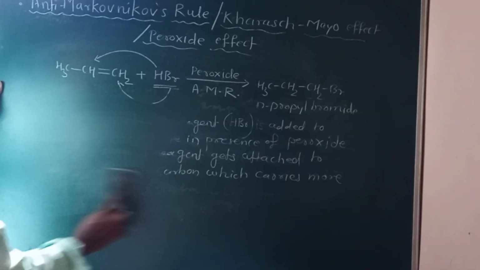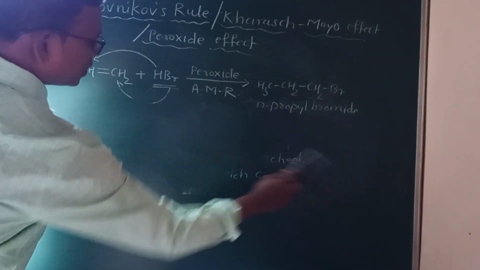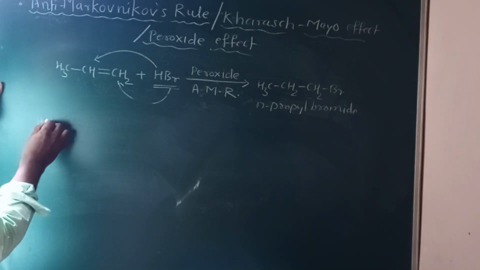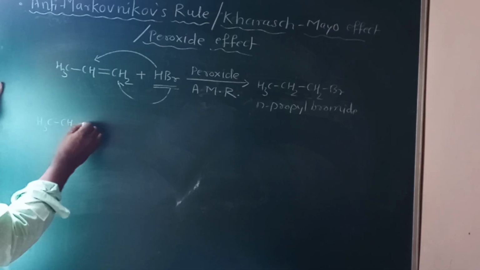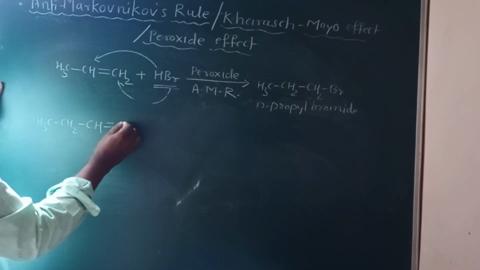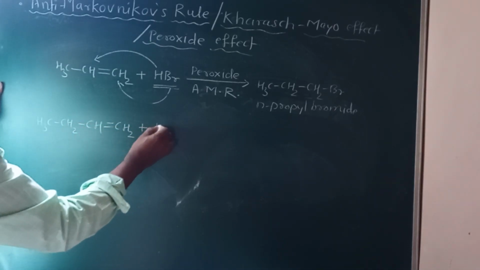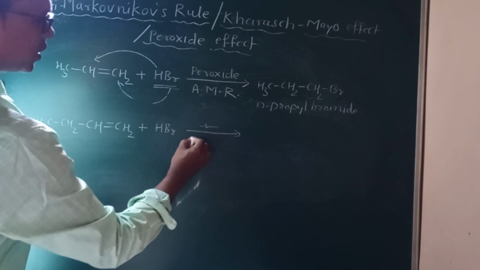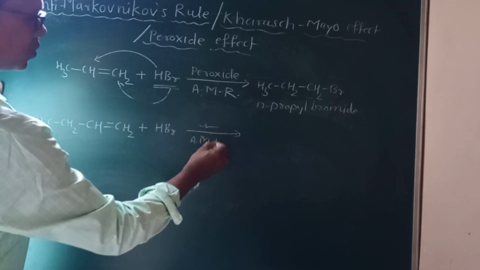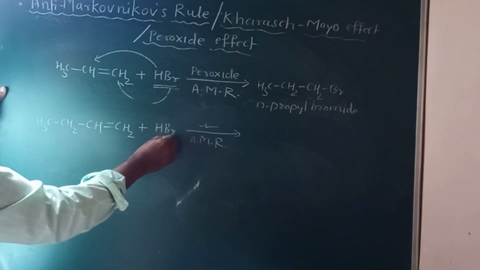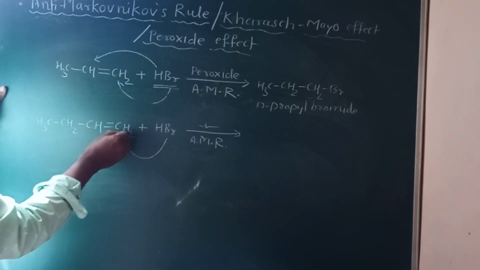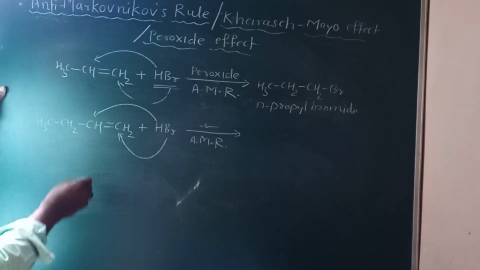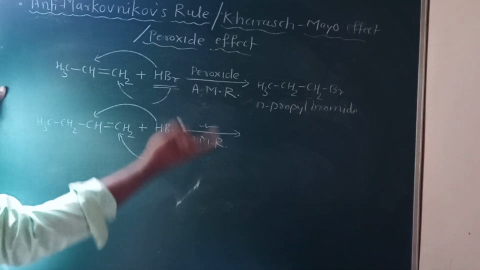Hope you got this rule. Let's have one more example so that you get a clear idea. Let us take but-1-ene, which is also an unsymmetrical alkene: CH3, CH2, CH double bond CH2, plus once again HBr only, not HCl or HI, in the presence of peroxide. Then the reaction follows anti-Markovnikov's rule. The negative part of the reagent attaches to the unsaturated carbon carrying more hydrogen atoms, so H goes to the other unsaturated carbon and the double bond converts into a single bond.